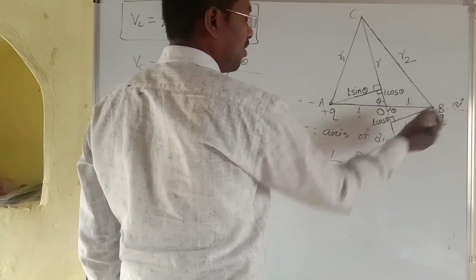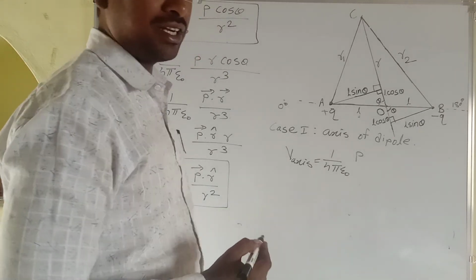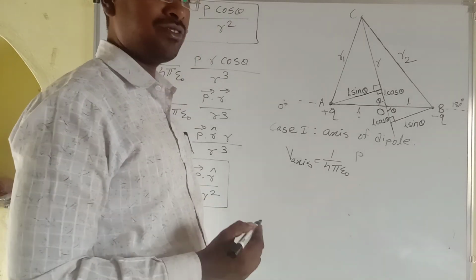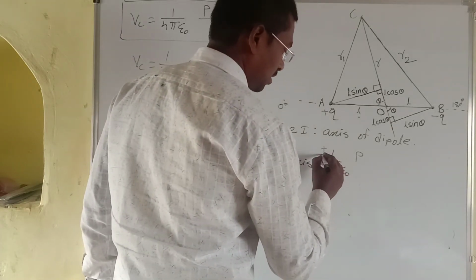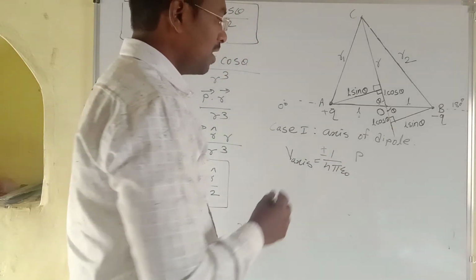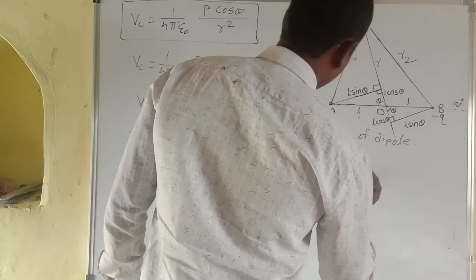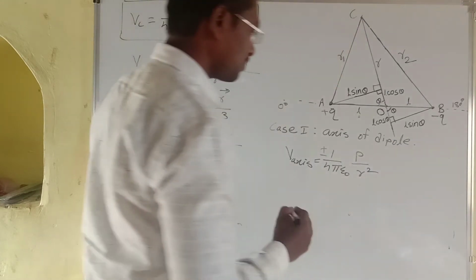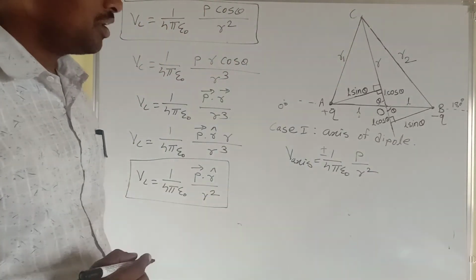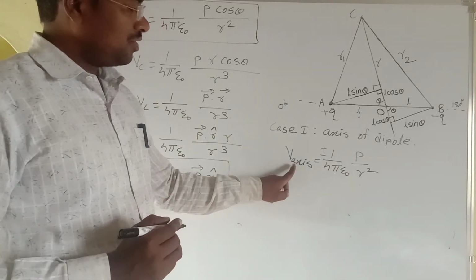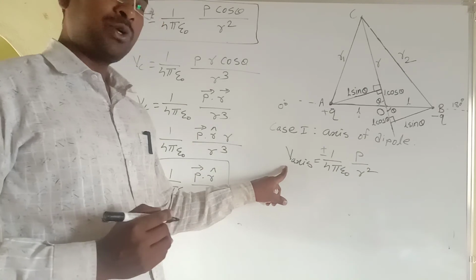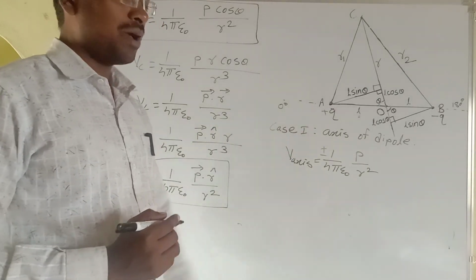Cos 0 or cos 180 degree is plus 1 or minus 1. Therefore, it will be plus or minus P upon r square, where P is equal to Q into 2L. So the value of electric potential along the axis is maximum.